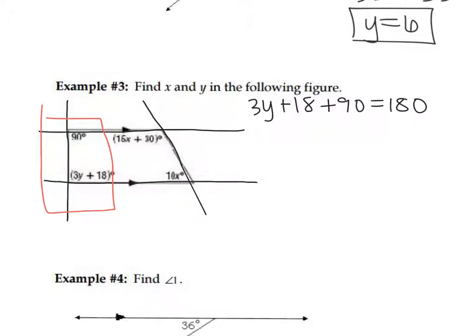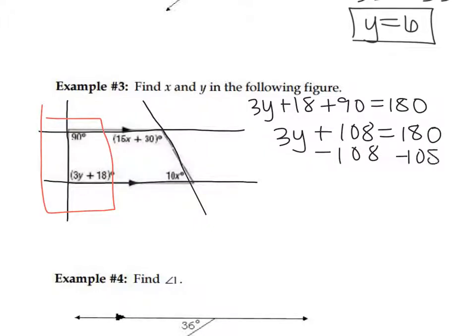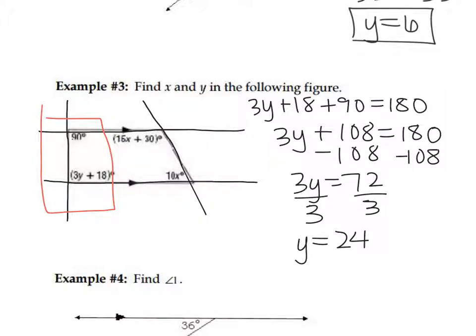So combining like terms, we have 3y plus 18 plus 90 is 108 equals 180. Subtract 108 from both sides. We get that 3y equals 72, and then divide by 3. We get y equals 24.